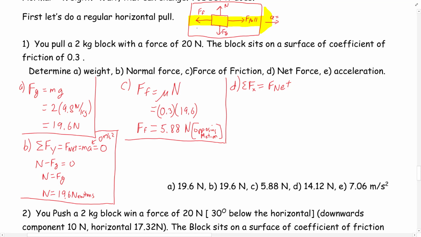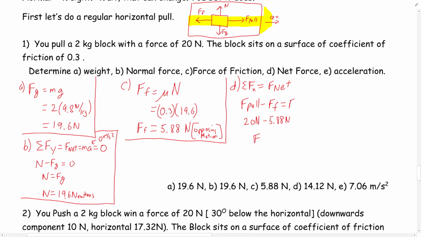So by looking at this, it's going to be F pull subtract force of friction, which equals 20 newtons subtract 5.88 newtons.